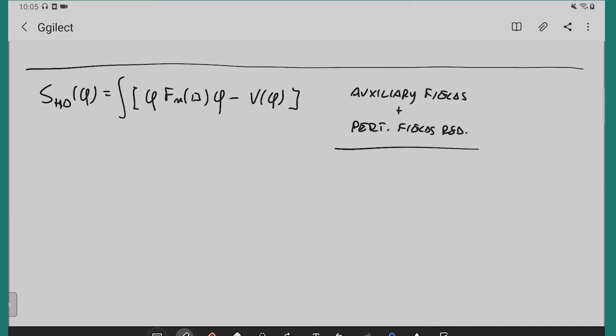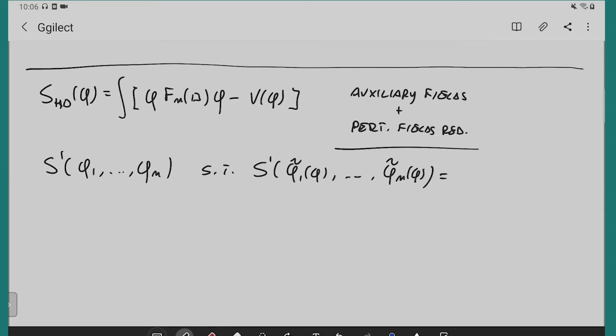For example, in general, you can define an action S prime with n different fields, such that this action with tilde fields, now I'm going to say what they are, will give you back the higher derivative action with one field, where these tilde fields, which are functions of the first field that I defined, are just the solution of the equation of motion.